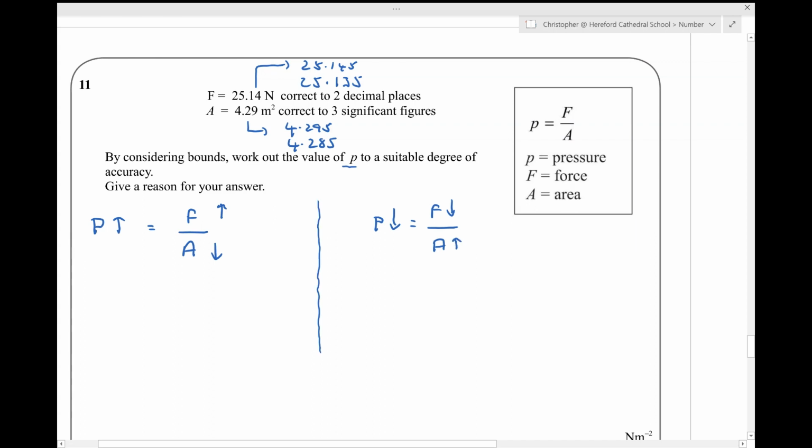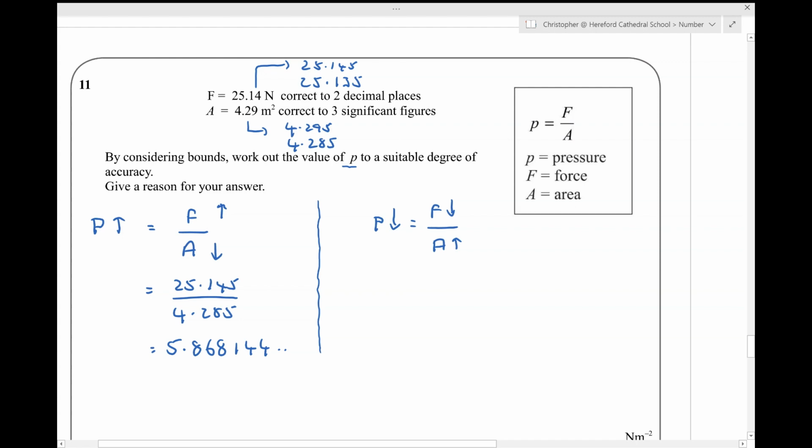I'm going to split my page in two here. So on the left-hand side, the highest bound for the value of p is going to be the highest f, 25.145, and the lowest a, 4.285, which is going to give me 25.145 divided by 4.285, 5.868144, and so on.